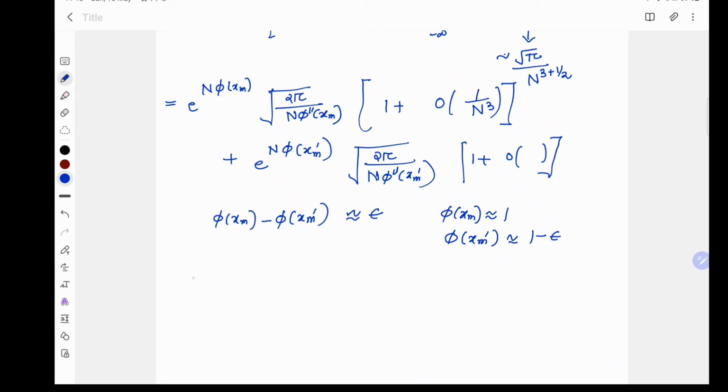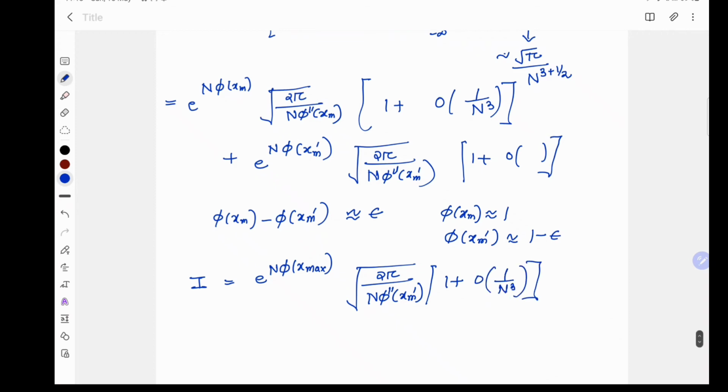So what we have on the left hand side, the integration of e to the power n phi x_m dx e to the power minus n by 2 phi double prime x_m, so we have 2 pi and phi double prime x_m, we have solved it already, plus order of n cube.